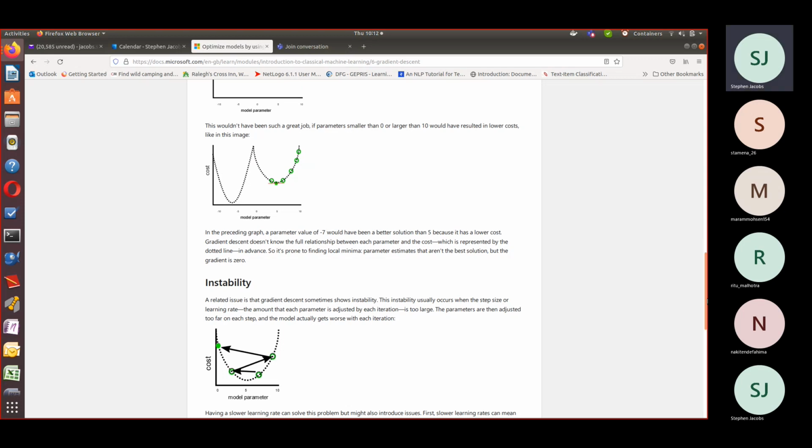So with our current algorithm, that would have stopped at the point where the parameter was equal to 5 in that diagram. And in our current algorithm, that's what would have happened. But what we really want is to find the real minimum, which is probably closer to -7. So our current algorithm would stop at that point for normal gradient descent.